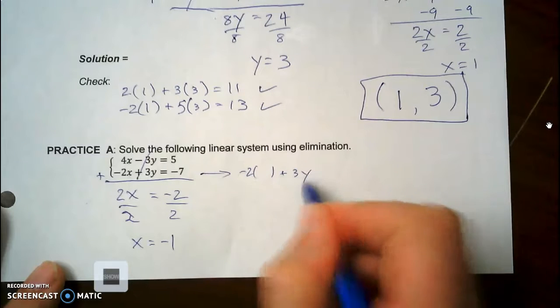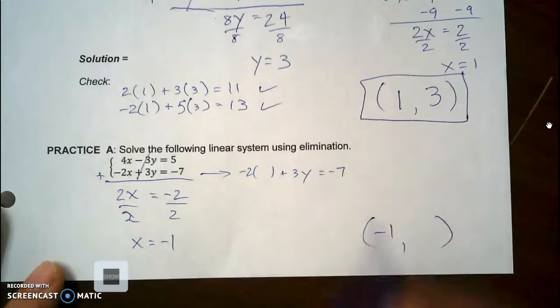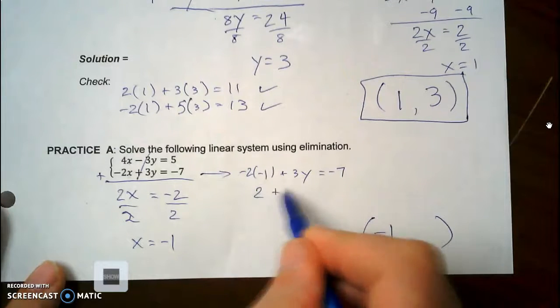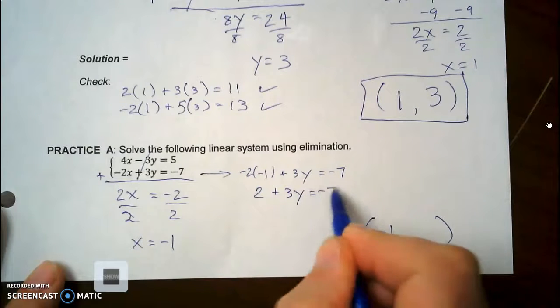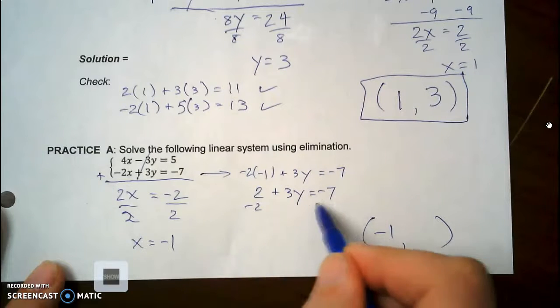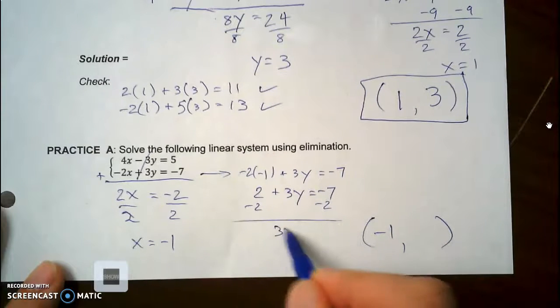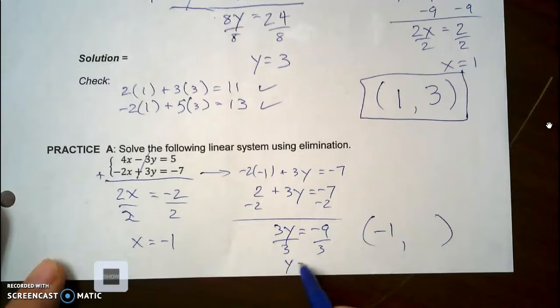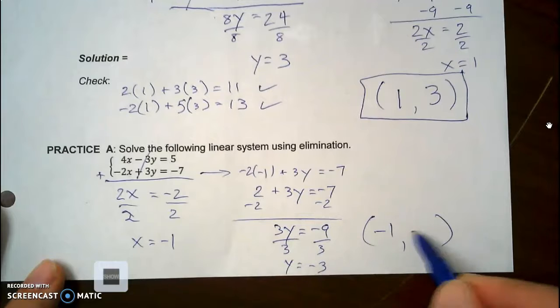I copy the rest of it. Plus 3y equals negative 7. I'll put negative 1 right there. Well, solve it. Negative 2 times negative 1 is 2. Just recopy the rest. Minus 2 on both sides. 3y equals -9. Divide by 3. Looks like y is -3.